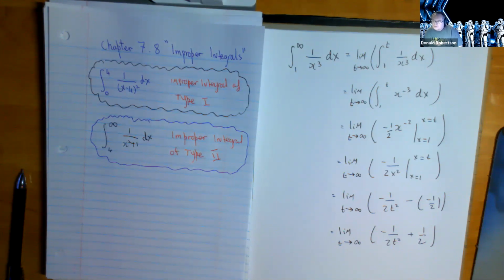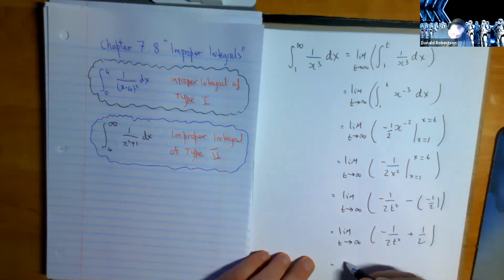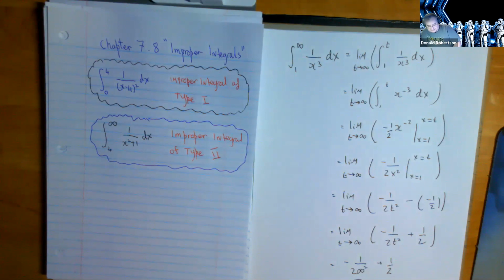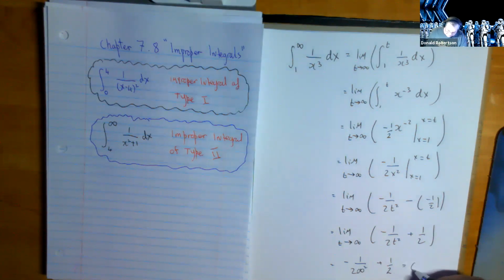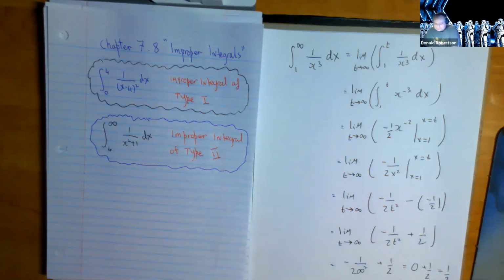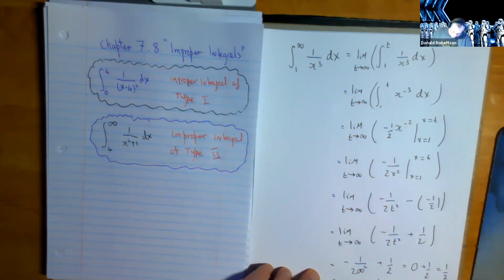In other words, you just replace the t by infinity. So let's see what that looks like. Negative 1 over 2 lots of infinity squared plus a half. Infinity squared is infinite, 2 infinities is infinite. Isn't 1 over infinity 0? In other words, the answer is a half. We will use this phraseology: we will say that it converges to 1/2.